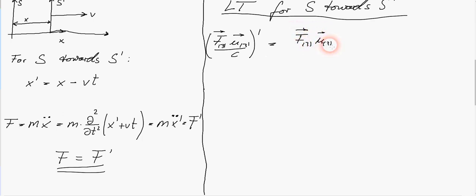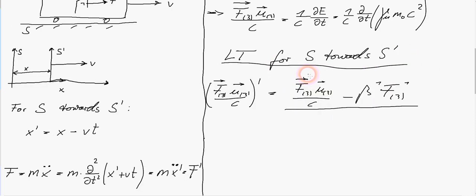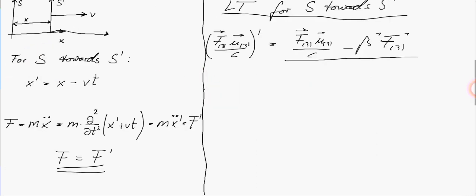F3 times u3 over c minus beta 1 F31. For this transformation, we just take into account a standard configuration where the relative movement between S and S prime is in x direction. So just for exactness, beta 1 equals V1 over c.